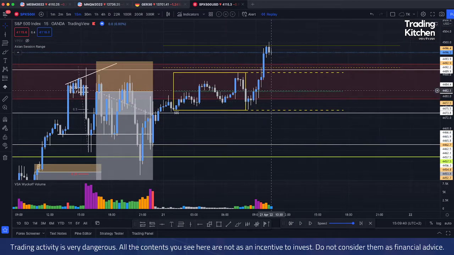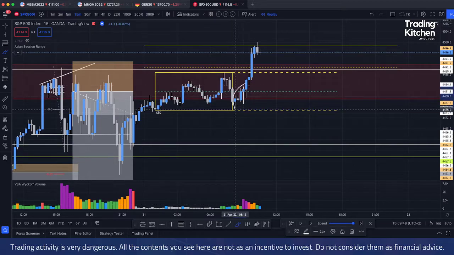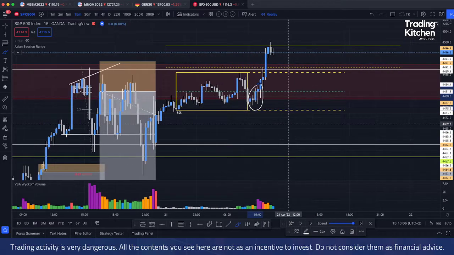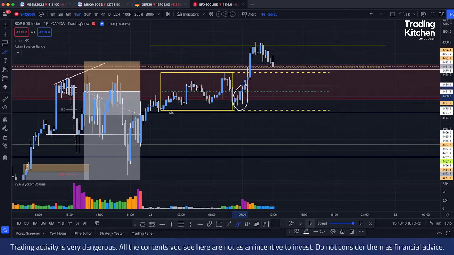Here we have an indeed pattern that I missed, but I probably will not trade this because I suppose the price is going down, but you see we have a double confirmation, double indeed pattern, so it will be good to enter here. Okay, but I will not take. I didn't take this trade.